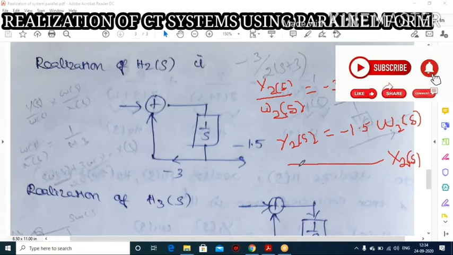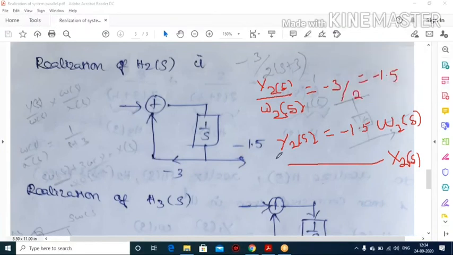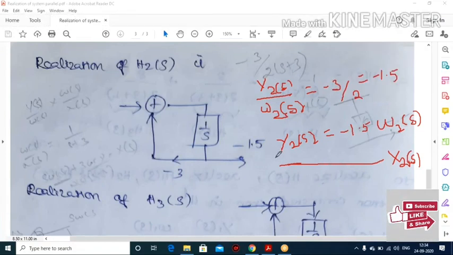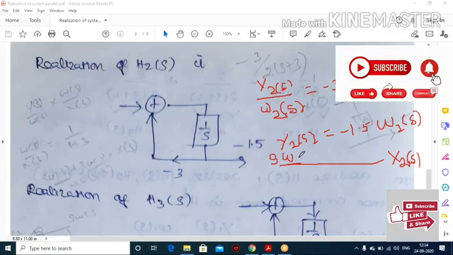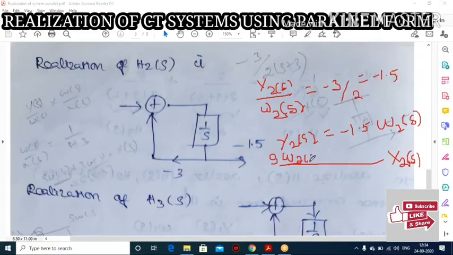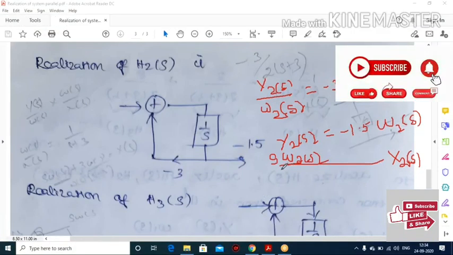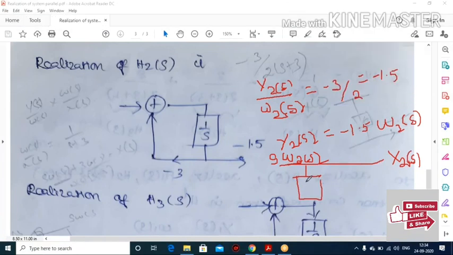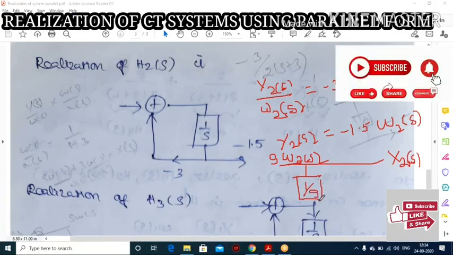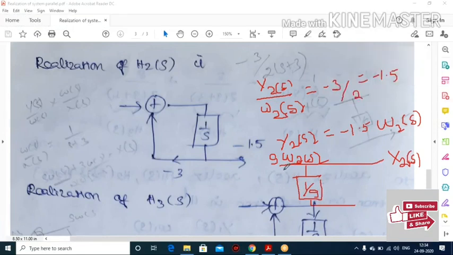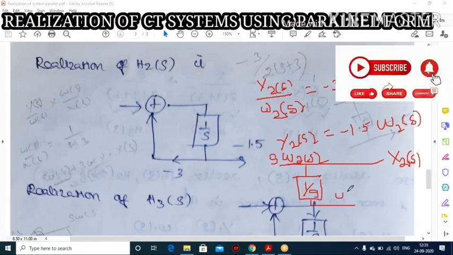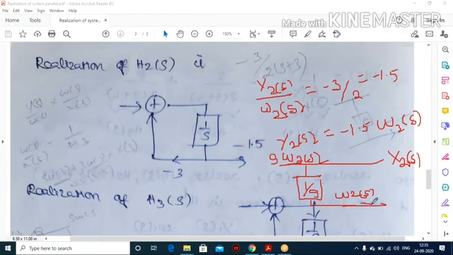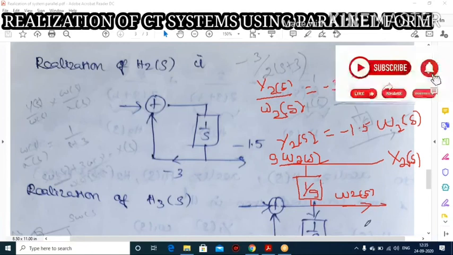So here I take S into W2 of S, then only you can get W2 of S. In this portion I add one integrator block, that is 1 by S. Integrator means 1 by S. Now S and S cancel out, so in this portion you get the signal W2 of S. But here you add one multiplier, and your multiplier is minus 1.5.